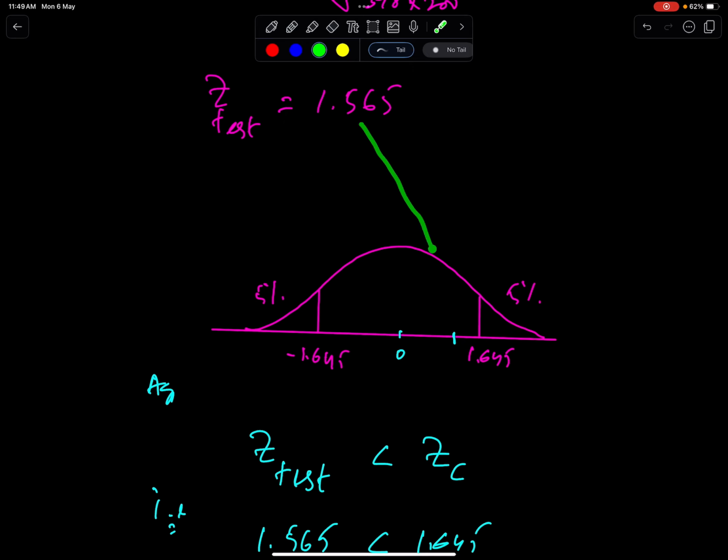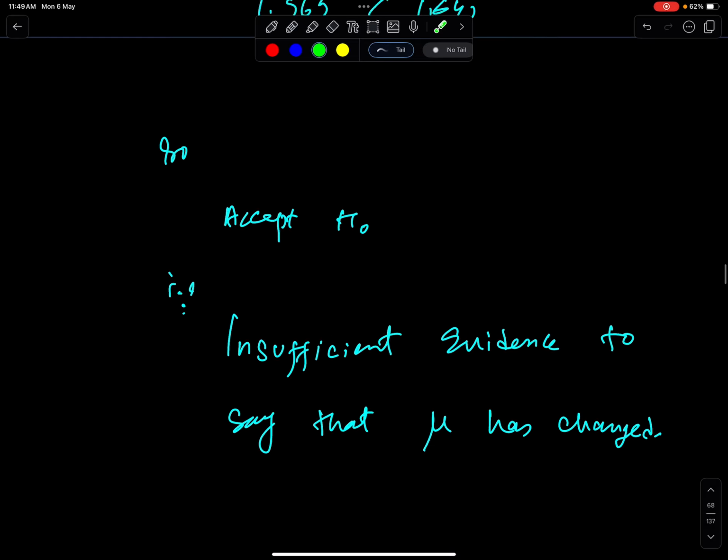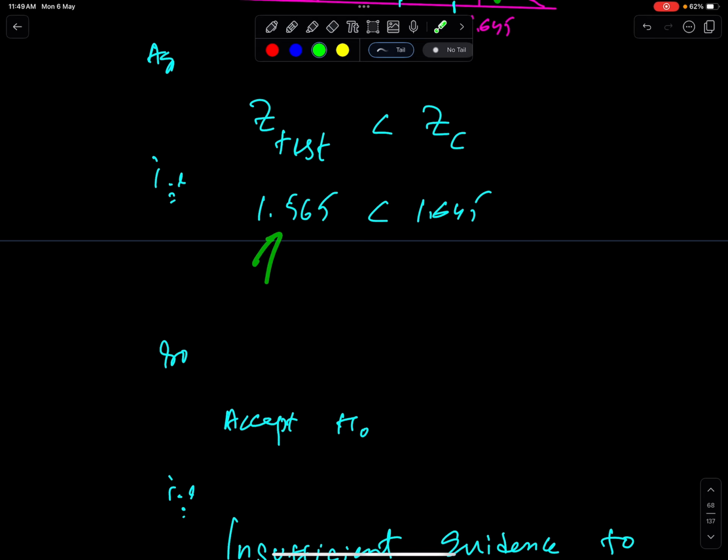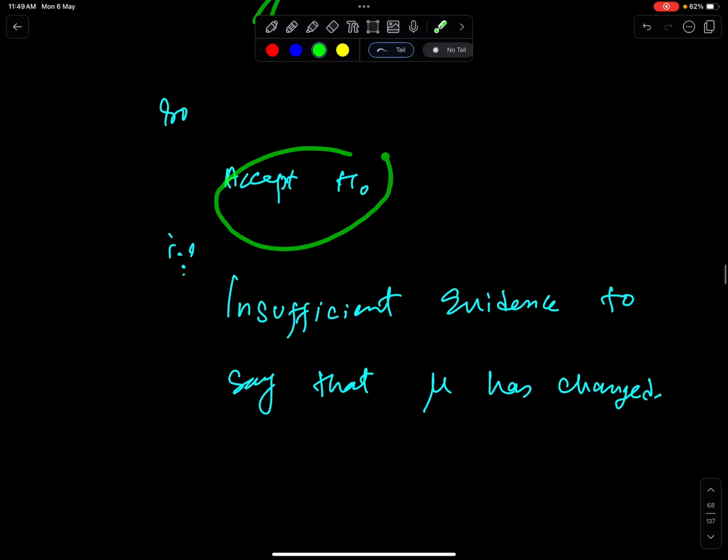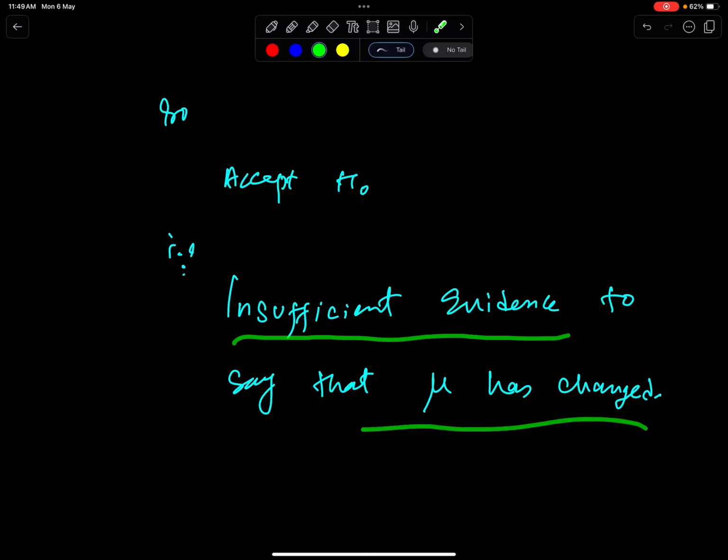This value lies here. It's not in the critical region, it's in the accepted region. Here we accept H0 and here we reject H0. We reject H0 here and here. Since the value does not lie in the critical region, we accepted H0 and concluded that there is insufficient evidence to say that mu has changed.